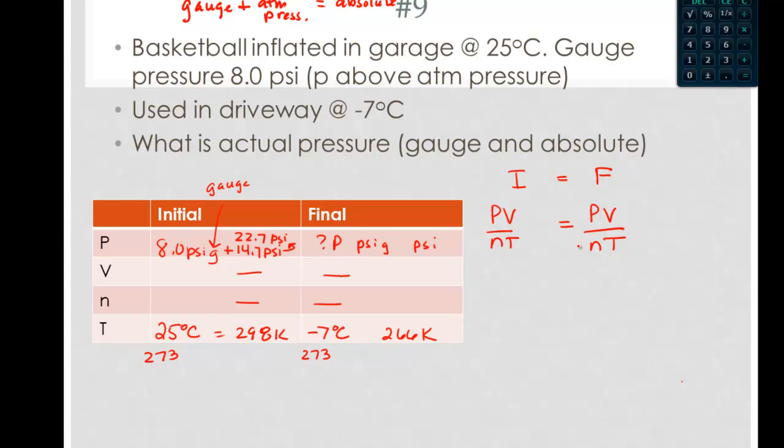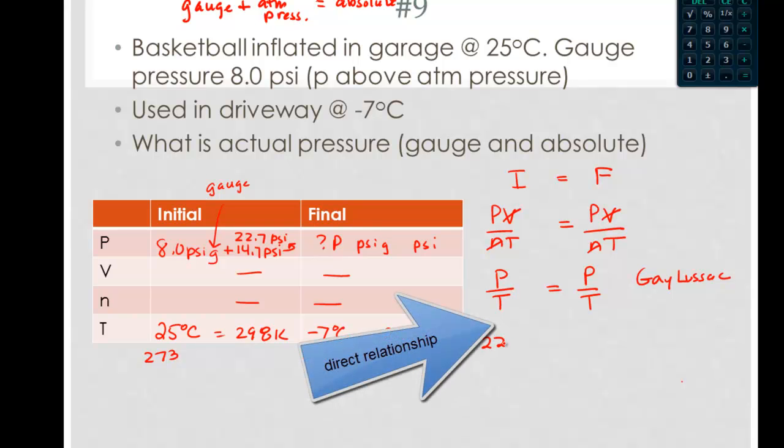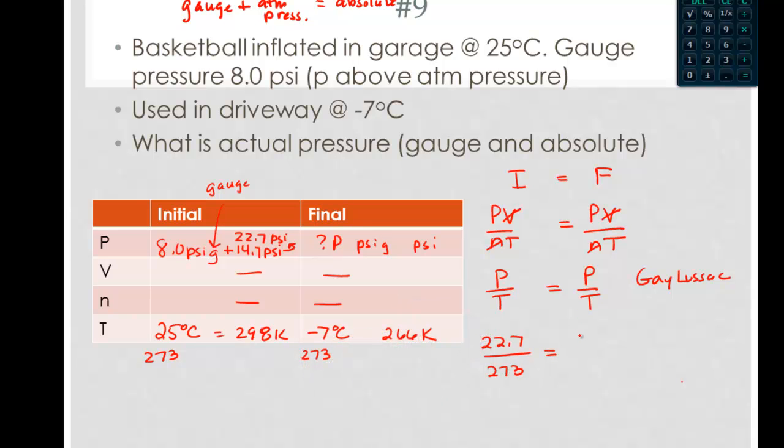You need to realize that both the V and the N remain constant, so you've got P over T is equal to P over T. By the way, this is Gay-Lussac's law. We will put in those absolute values. 22.7 over 298 is equal to our new pressure over 266.